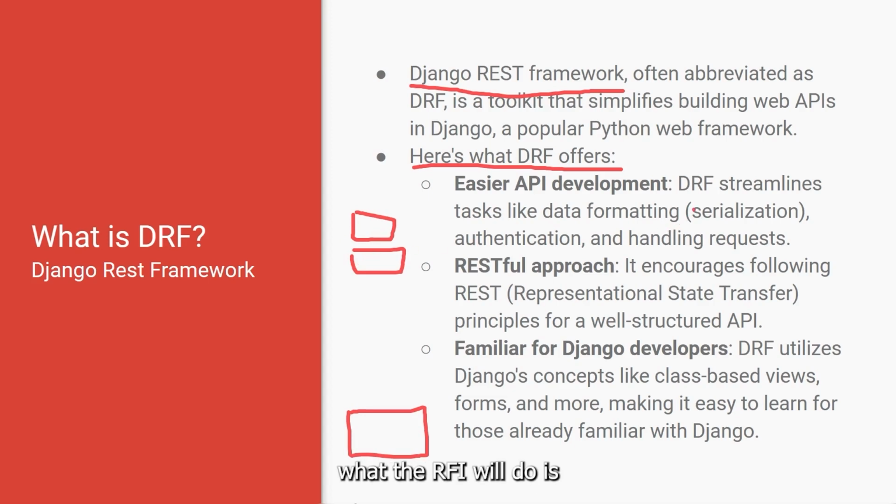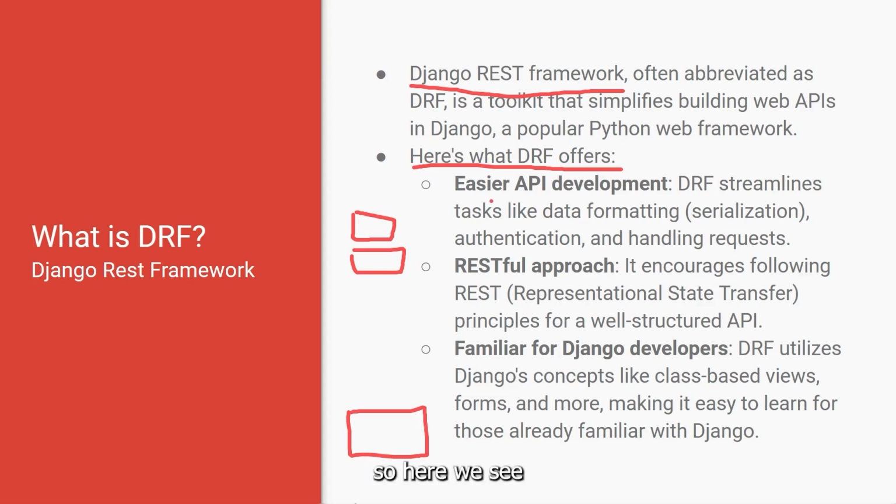In this case, what DRF will do is it will still use the models, but it's going to use things like serializers, where it will use Django REST Framework's built-in views to be able to handle our requests. So we're going to see how that looks later on, because right now we're still in the theoretical stage. We're discussing what all of these can do and what all of these could pretty much build up to.